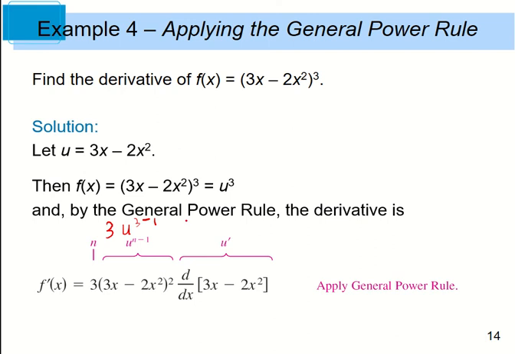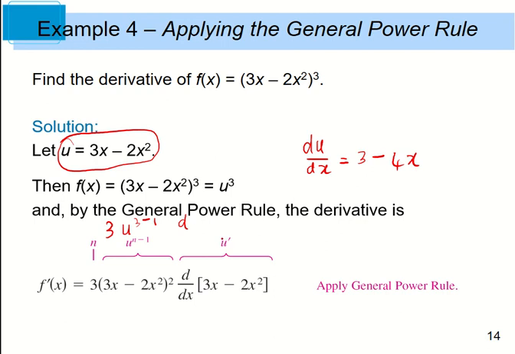After that we differentiate the u. So this is the u, 3x minus 2x squared, and when we differentiate this, we have 3 minus 4x.